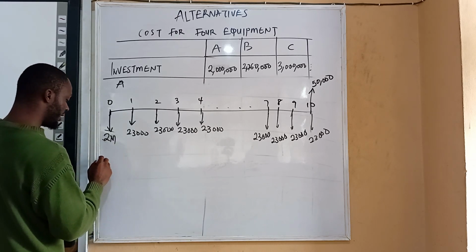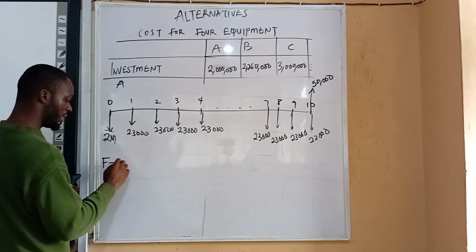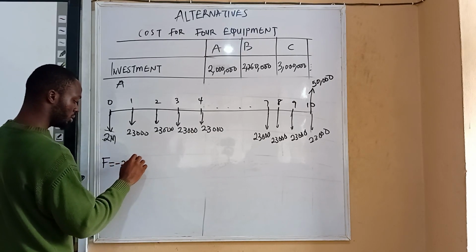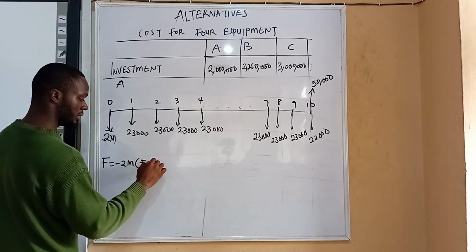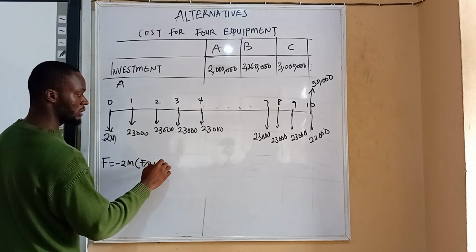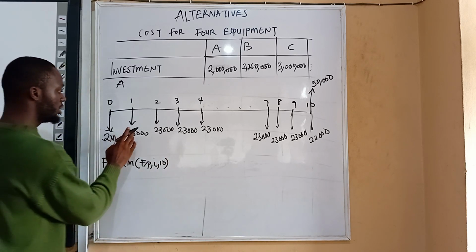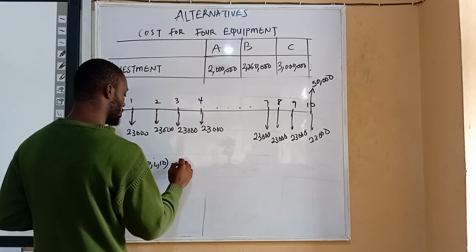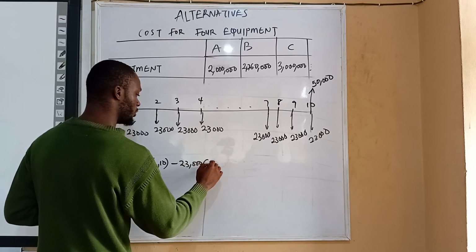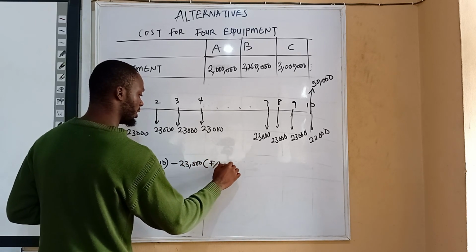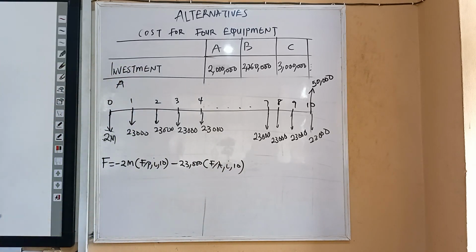You say our F is equal to minus 2 million, finding the future giving the present at an interest rate with our time at 10. This one now we're going to find is minus 23,000, we're looking for the future giving A. Do you understand?